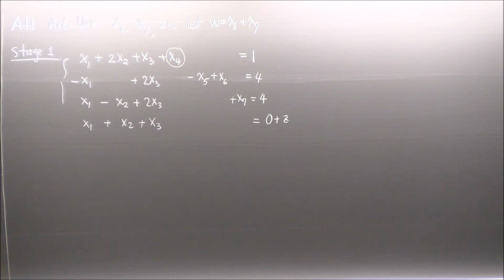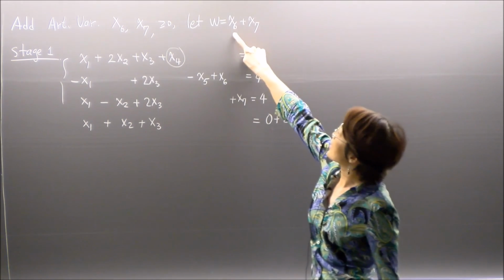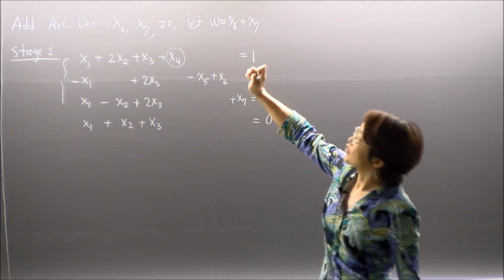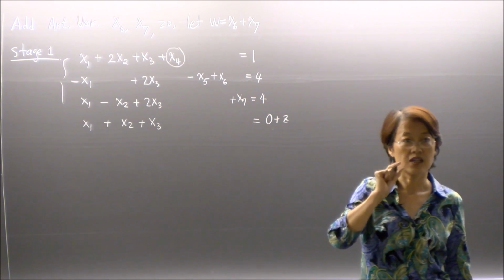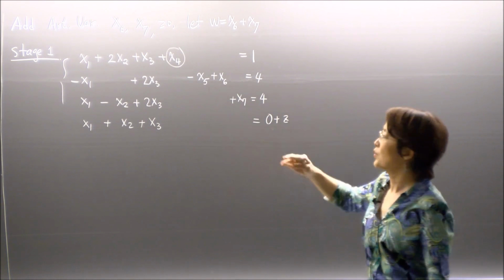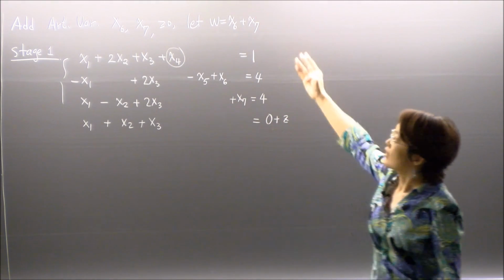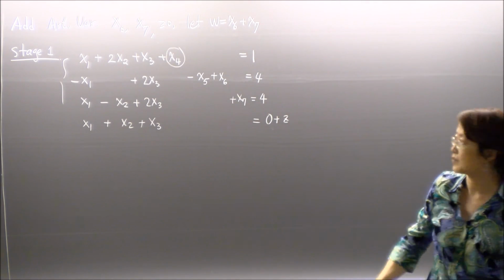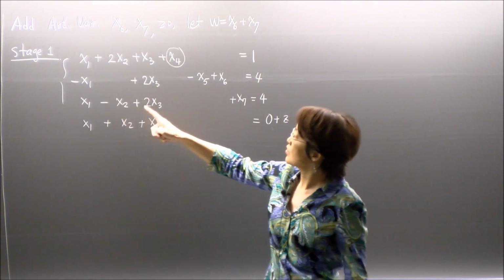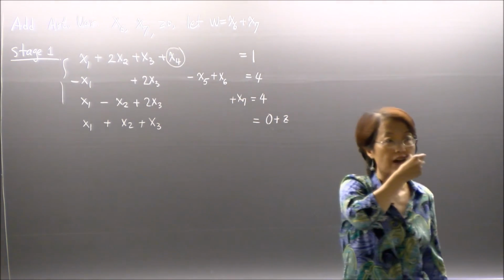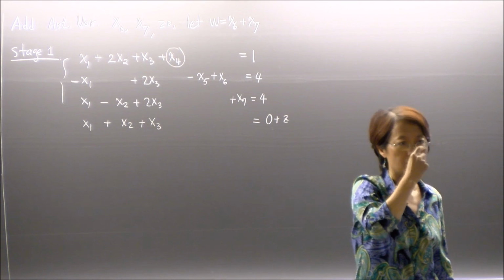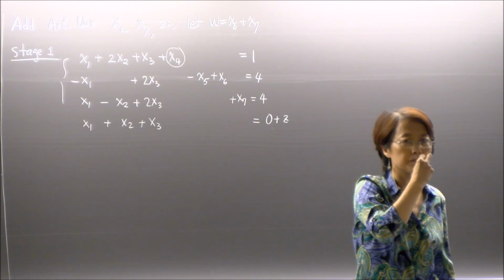Right now, w is set to be the sum of the artificial variables, x6 and x7. And you know, in a canonical form, w has to be expressed in terms of the non-basic ones, meaning x1, x2, x3, and x5. Is that right? So how do I write the equation for w?